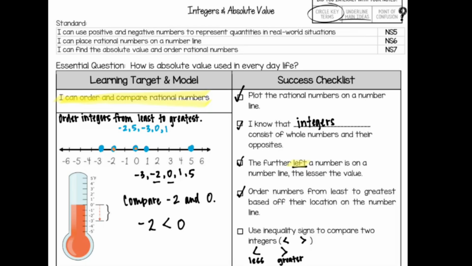And then we can also think of a thermometer or temperature. And we can use the word problem. The temperature started at 0 degrees and lowered 3 degrees.